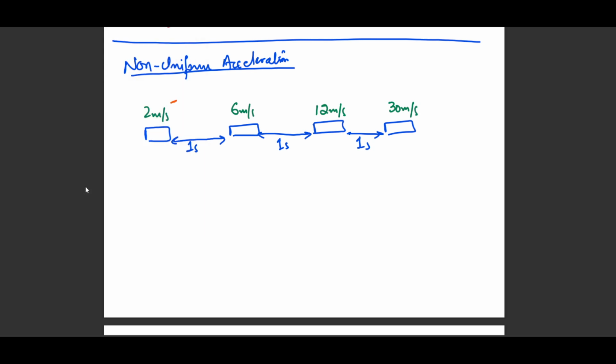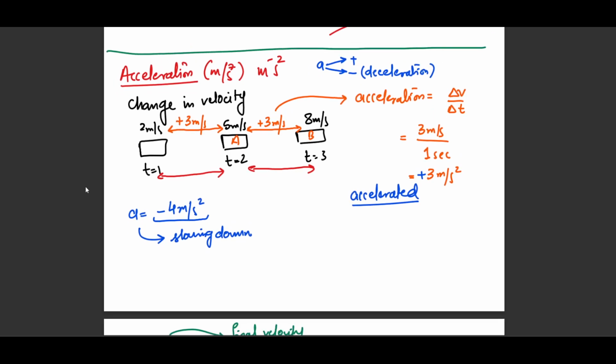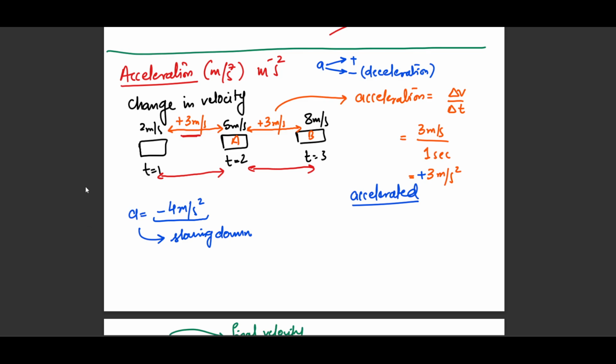Let's calculate the difference of speed between the two stages. So this difference comes out as 4 meters per second, an addition of 4 meters per second. This comes out as an addition of 6 meters per second. This comes out as an addition of plus 18 meters per second. Previously, we had seen that there always was a fixed value increase between the stages of acceleration.